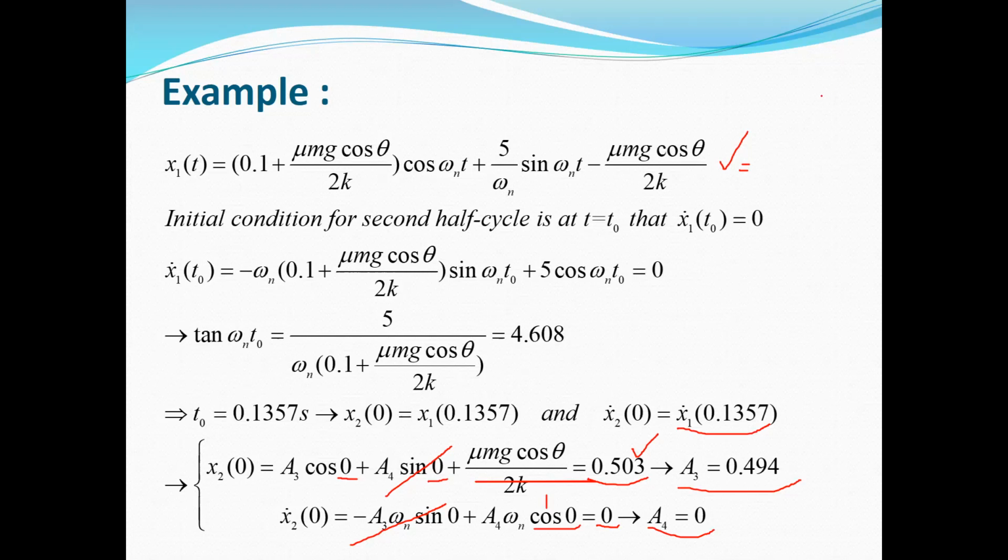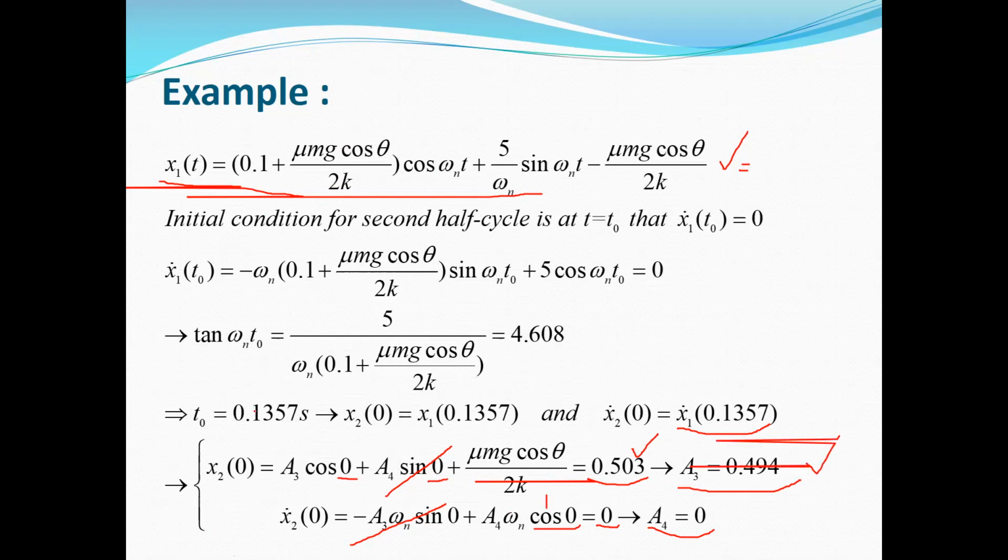If you want to find the response in the third half cycle, you need to use again x1 as your response, but this time A1 and A2 will be obtained from the new initial conditions, and these new initial conditions are obtained from x2.